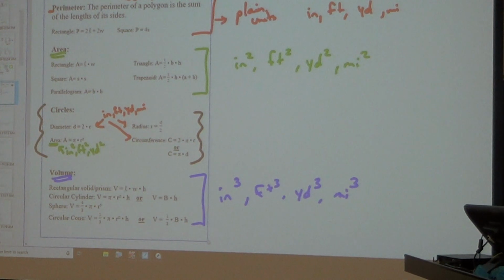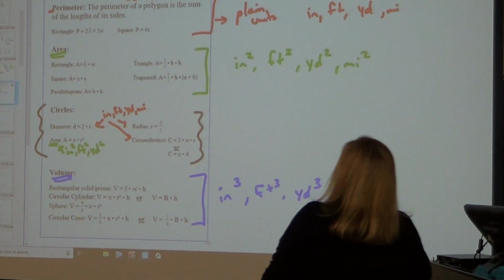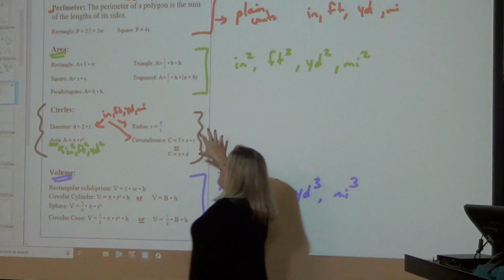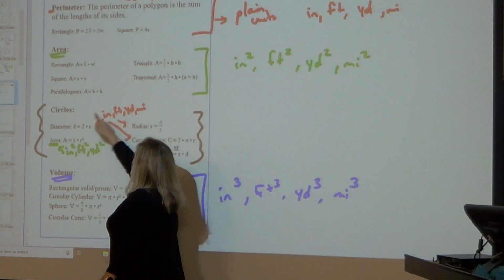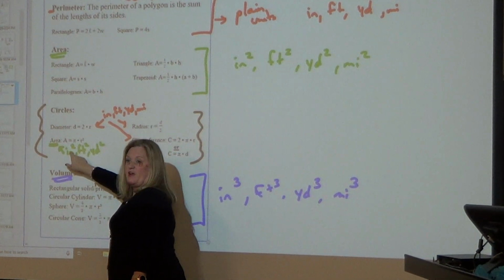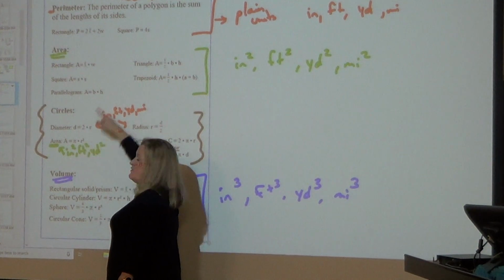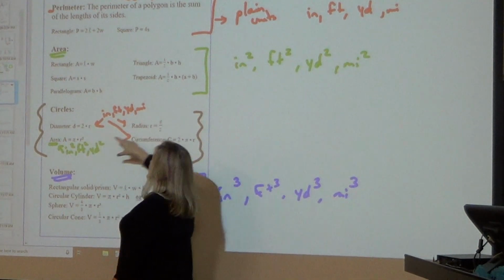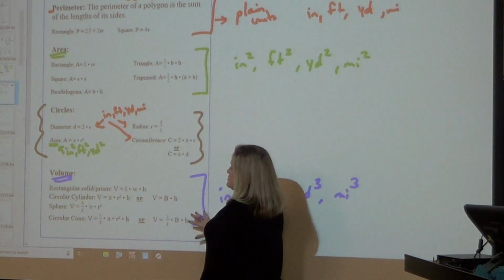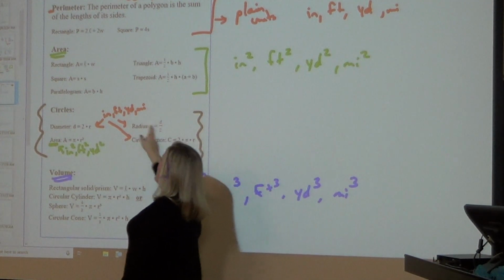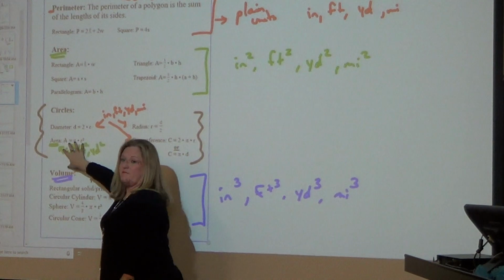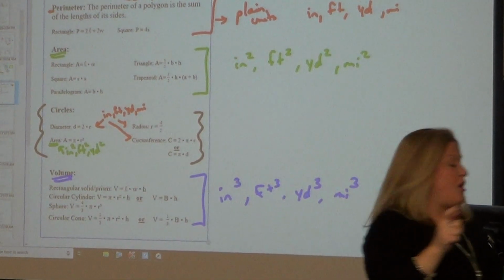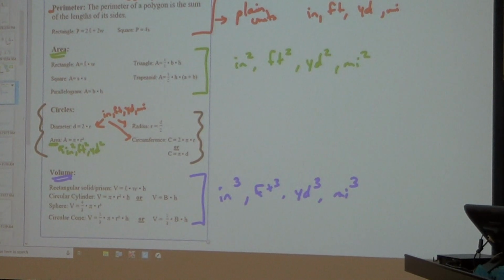So when you're doing your units, it's plain units, squared units, cube units, but circles are all plain except for area. Area matches up with area up there. So the circles are a little bit different. But it's plain units, squared units, cube units, and then all plain except for the area. Because they will mark you wrong if you don't put the right units.